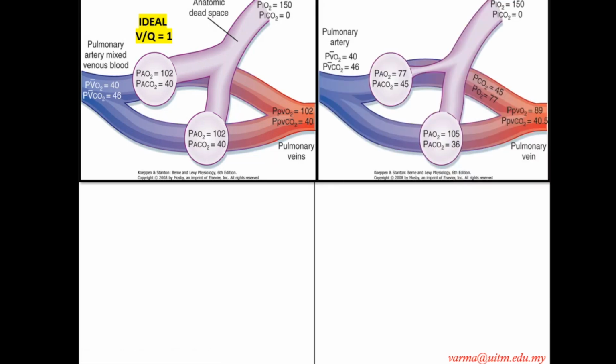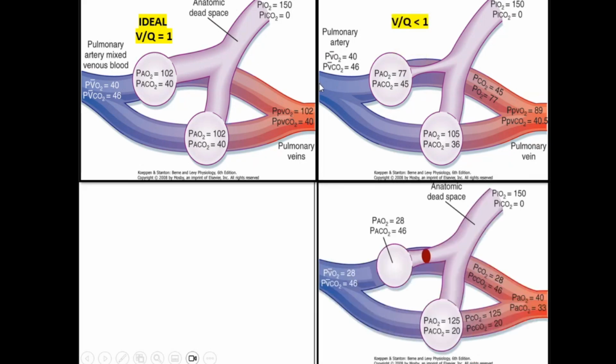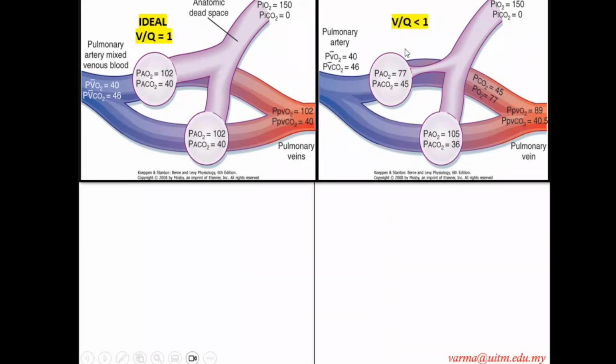Here we look at alveoli being hypoventilated, reduced ventilation. So when you have a reduced ventilation, the VQ is less than 1. Your perfusion is normal, but your ventilation is reduced. V is lesser, Q is still higher. So you get a VQ of less than 1.